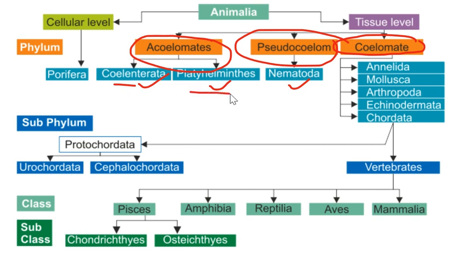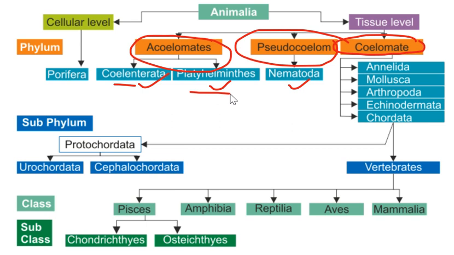Platyhelminthes is another phylum having the same kind of property as Coelenterata, in the sense that they don't have any body cavity or coelom. Thus we place them under the acoelomate.